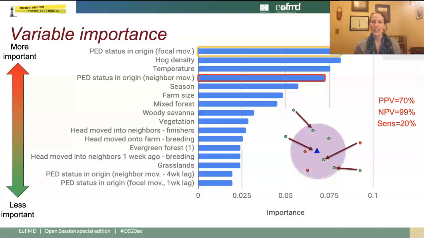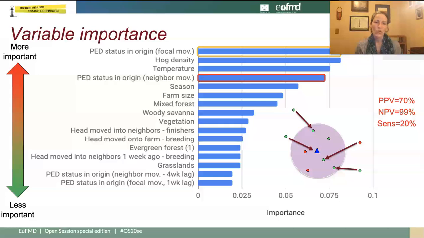Our model has a sensitivity of 20%, as well as a positive predictive value of 70%. And you might say, well, 20% is not very good. But when we talk to our partners, they say, well, this is more information than we had before. And the fact of the matter is, because of the structure of the data, if you increase sensitivity, you'll decrease the positive predictive value.